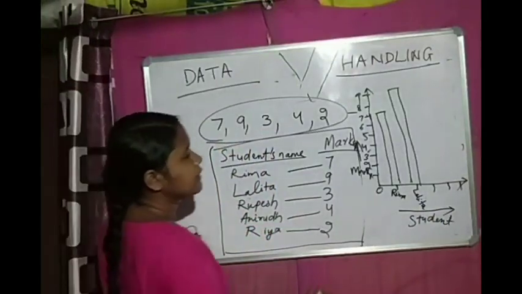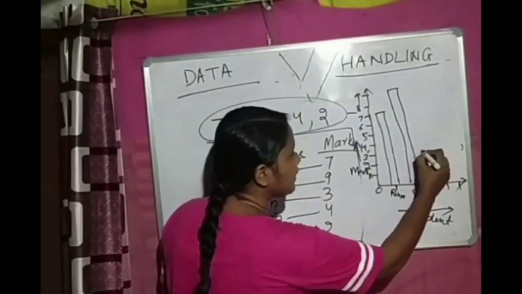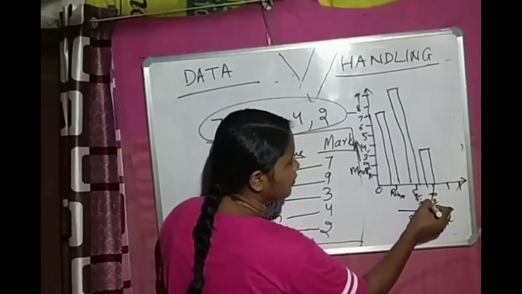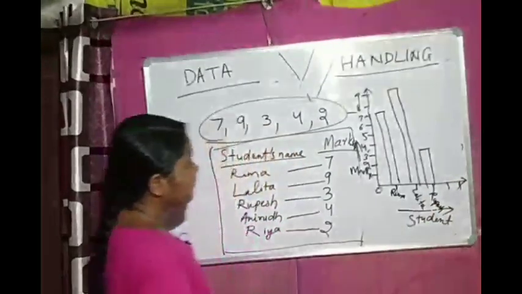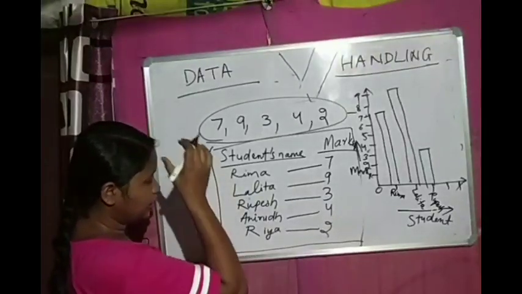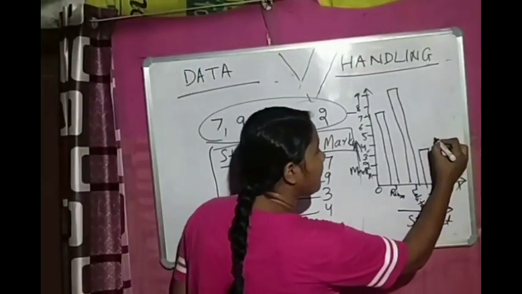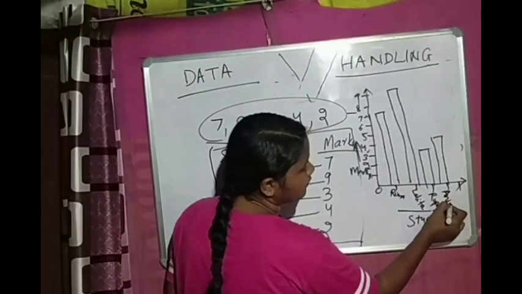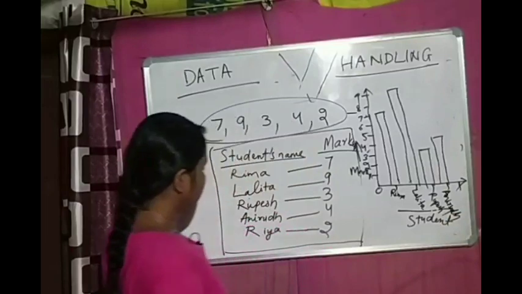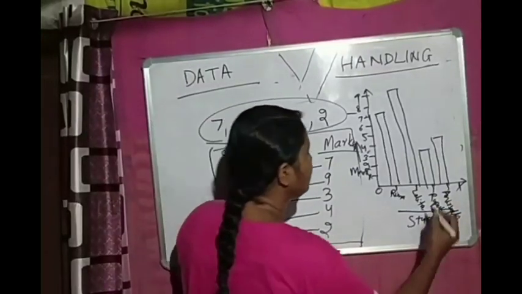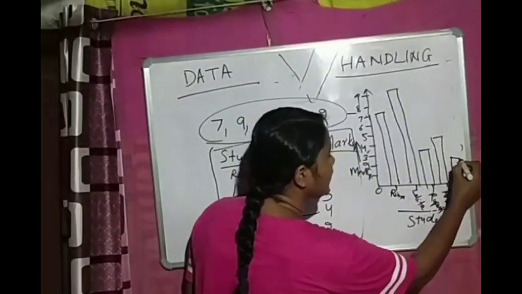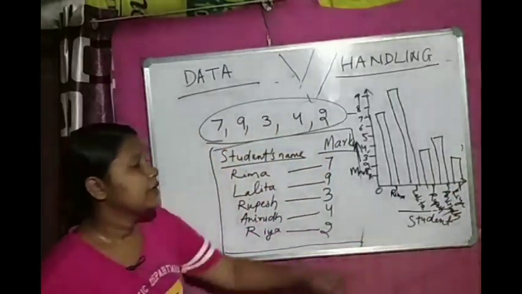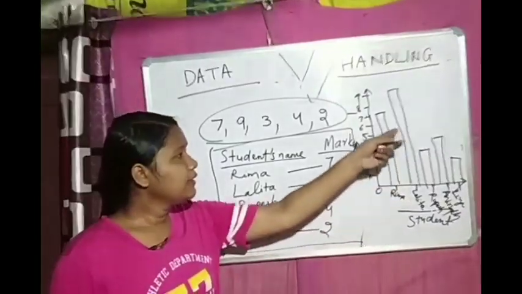Next, Rupesh, how much did you get? 3. Rupesh. Next, Anirudh, how much? 4. Anirudh. Next, Riya, how much? 2. Riya. So this is the representation of data in a bar graph.